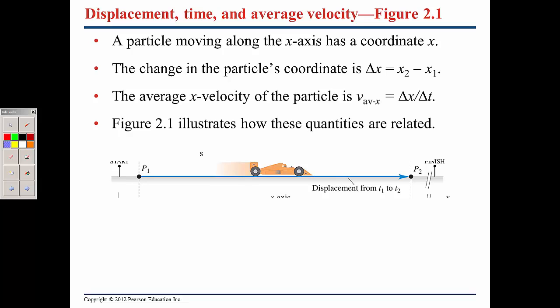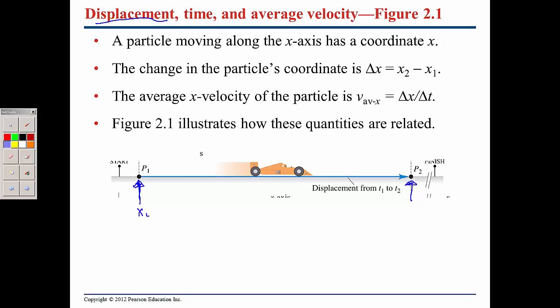So let's just get right started here, and we're going to first talk about displacement. You can also think of this as distance. However, keep in mind that distance is how far you traveled, and displacement has some directional information involved with it. So if you are drag racing with your buddies on Route 11, you might start at some initial position, and you might finish at some final position.